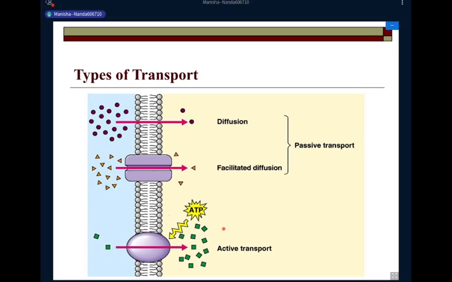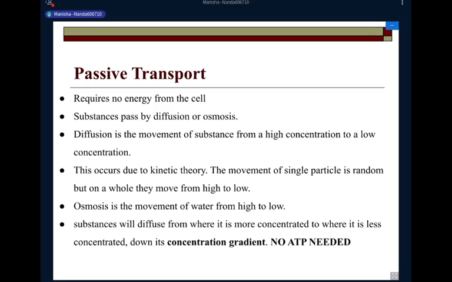Alright, so let's move ahead and talk about active and passive transport. But before that, we'll talk of the different membrane proteins. So, passive transport requires no energy from the cell, and substances pass by diffusion or osmosis. Diffusion is the movement of substances from high concentration to low concentration, and this occurs due to kinetic theory.